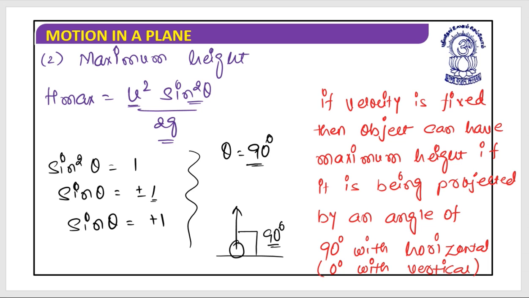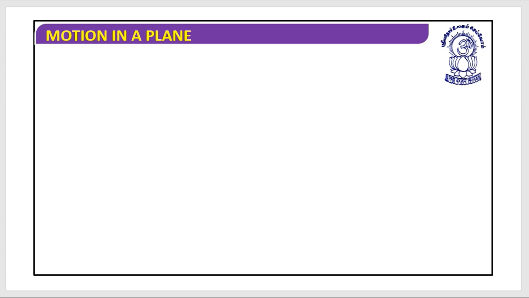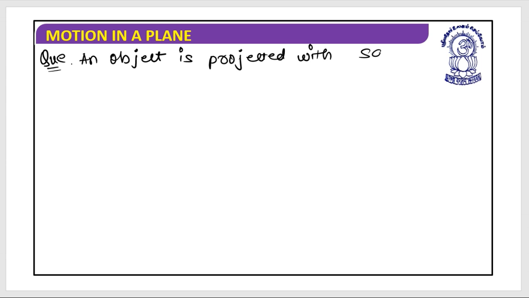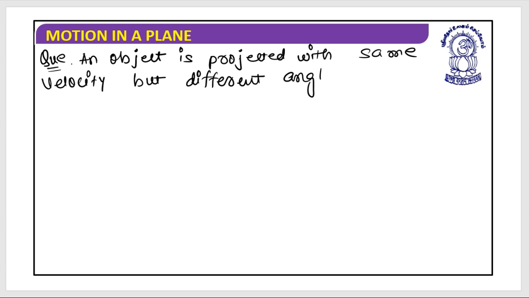So please do remember these things, and let's find out the question that an object is projected with same velocity but different angles.